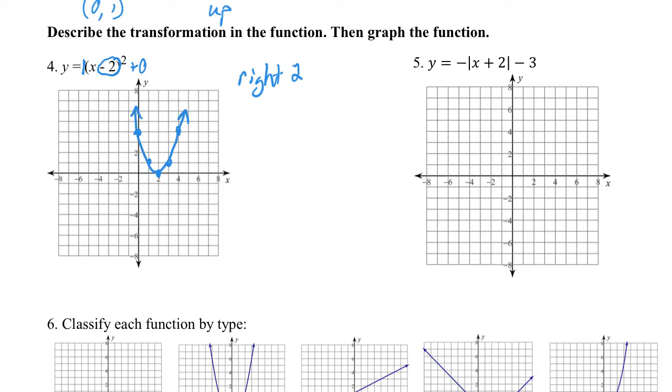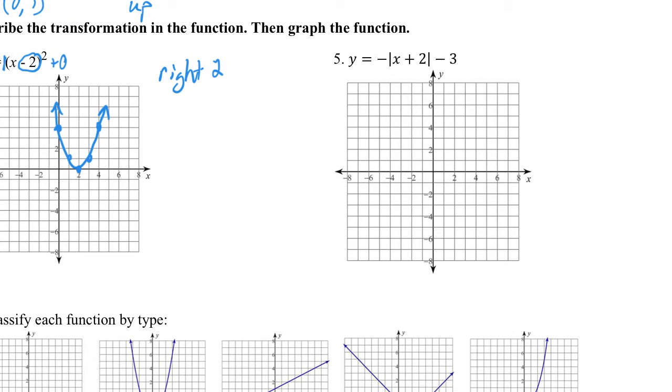And there you go. Number 5, you've got an absolute value. So where's the shift go? First of all, it's shifting to the left 2, and it's shifting down 3.